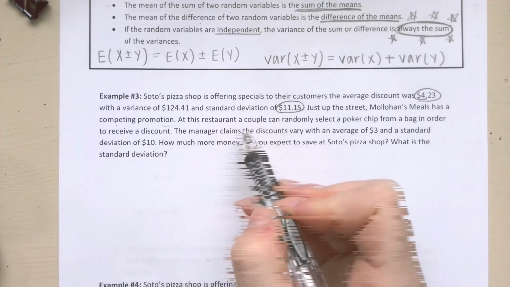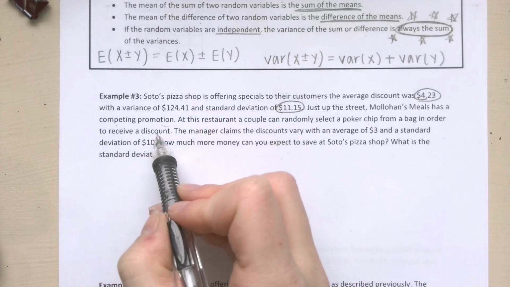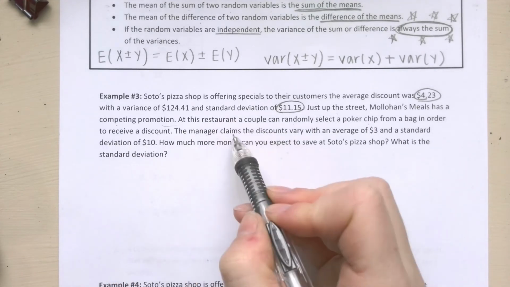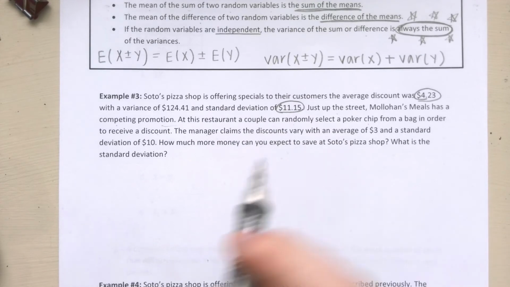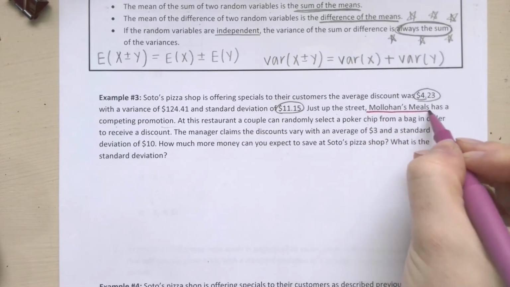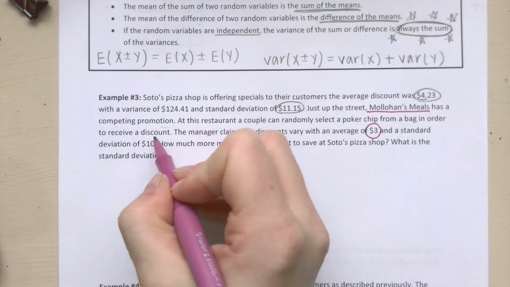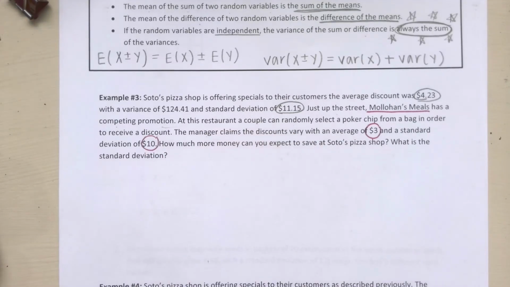At this restaurant, a couple can randomly select a poker chip from a bag in order to receive a discount. The manager of this restaurant claims that the discounts vary with an average of $3. So for Mollahan's Meals, she has an average of $3 with a standard deviation of 10. How much more money can you expect to save at Soda's Pizza Shop, and what is the standard deviation?